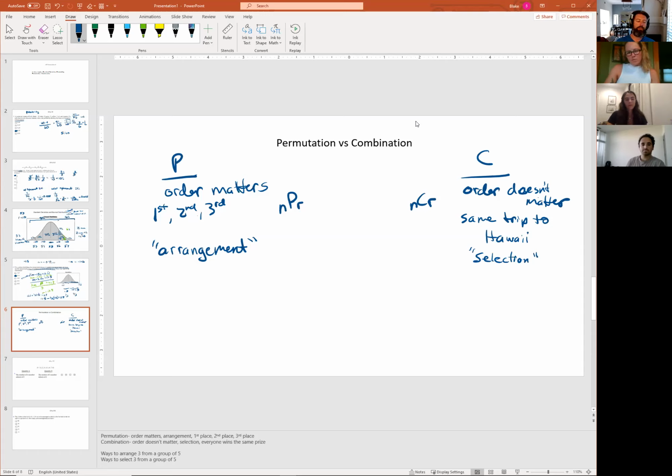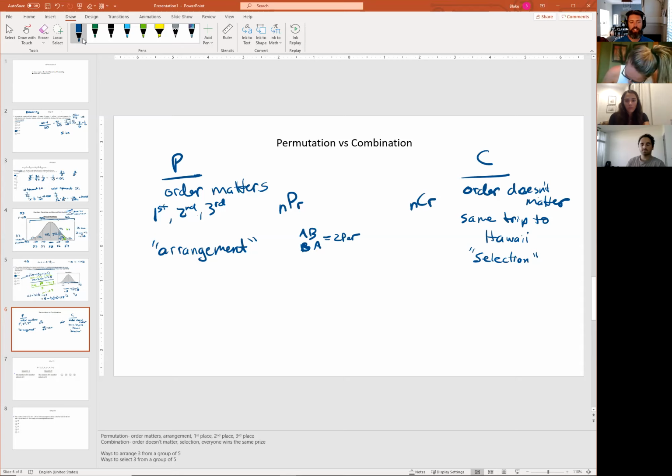So there's a consequence of this. For permutation, one way to think about it is, let's simplify it down. Let's just do 2. If we're arranging A and B, we can have AB and BA. That's 2 different arrangements of A and B. So there are 2 permutations here.